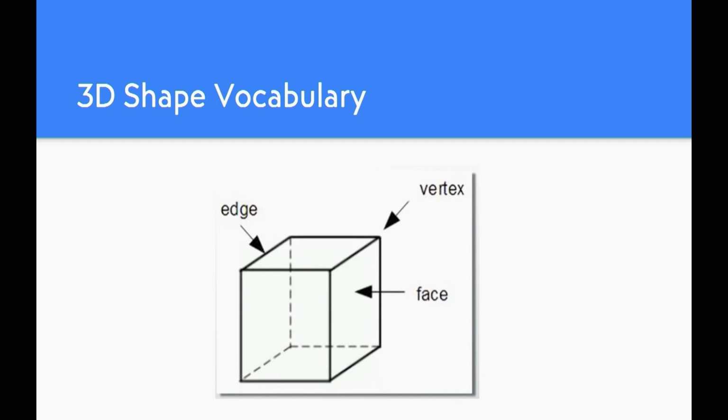How many edges do you count? There are 4 edges across the top, 4 edges along the sides, and 4 edges along the bottom. There are 8 edges altogether.